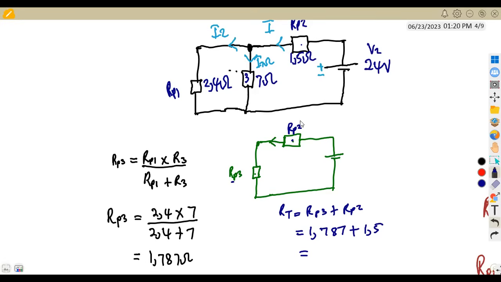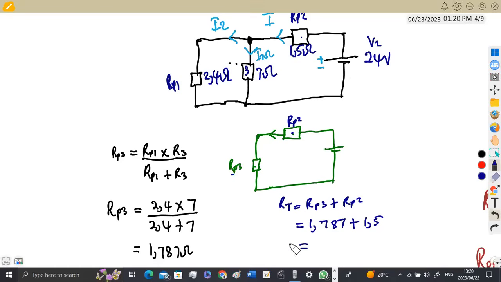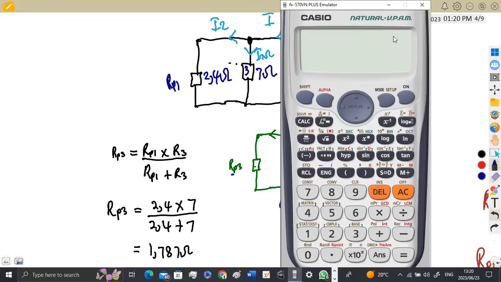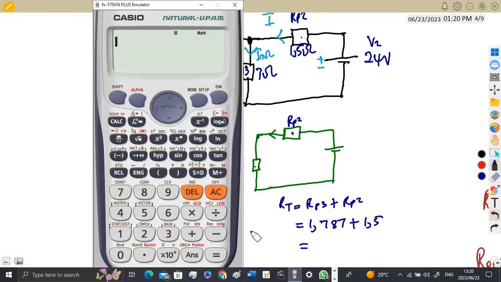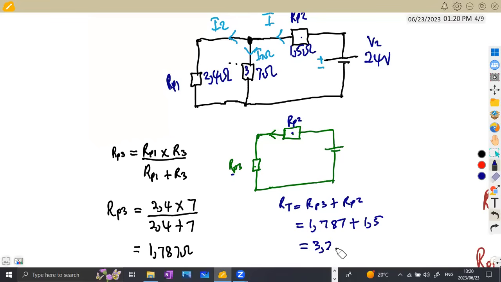Yes, you can use the exact values that you had, but you can now change this to the exact value that you have, which is 1,787 plus 1,5. So this will give us something like 3,287. So that is 3,287 ohms as the total resistance.